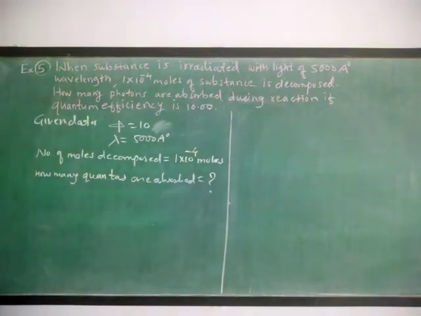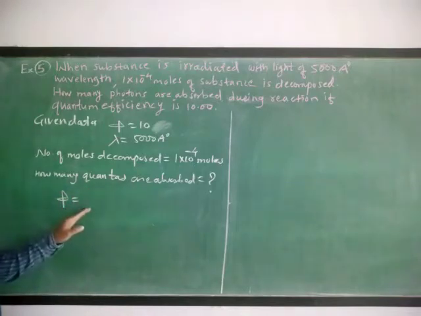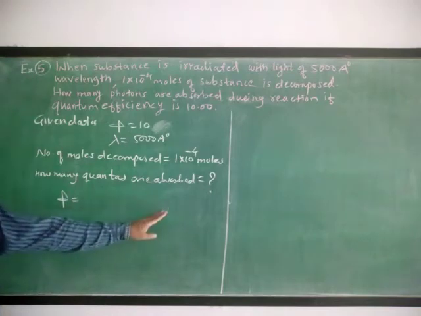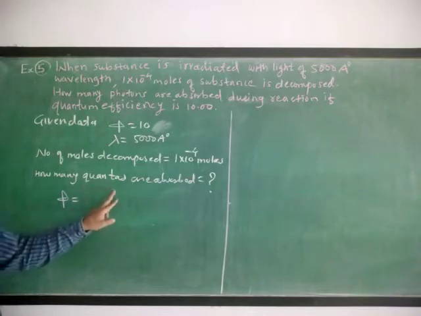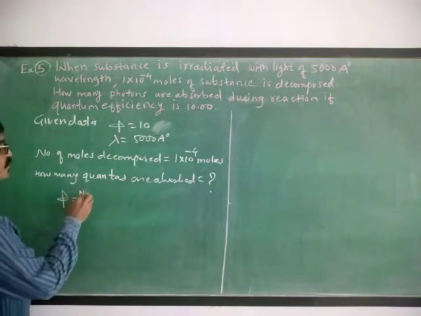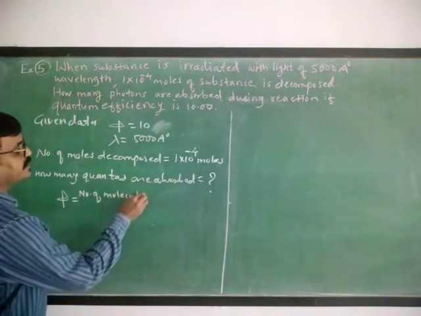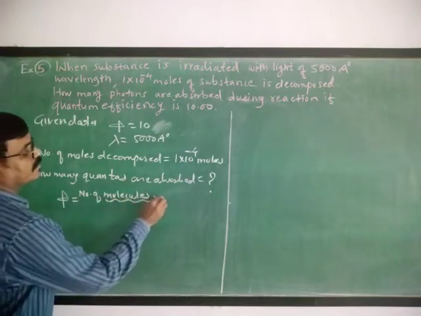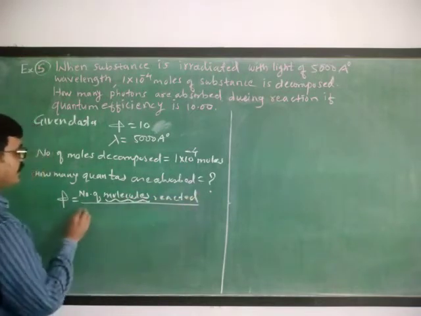First of all, you must know the formula. Phi is the number of moles reacted in given time upon number of Einsteins absorbed. If in the numerator, number of moles reacted, moles is there, then number of Einsteins absorbed. If number of molecules reacted are there, then at the denominator what is there?